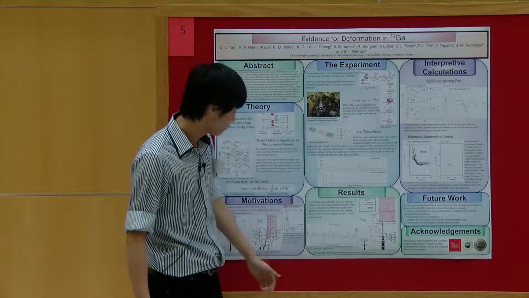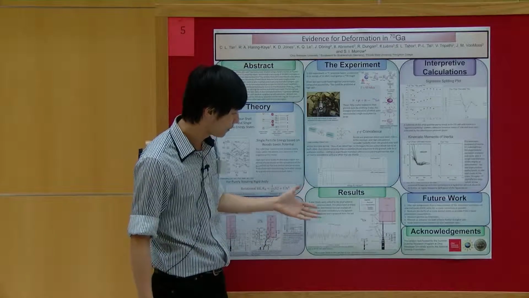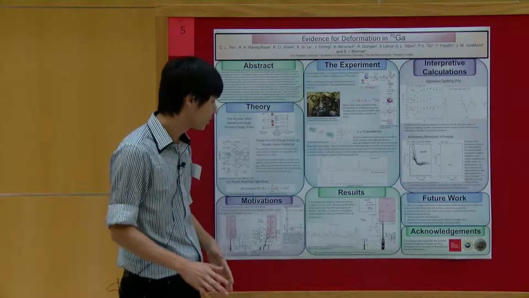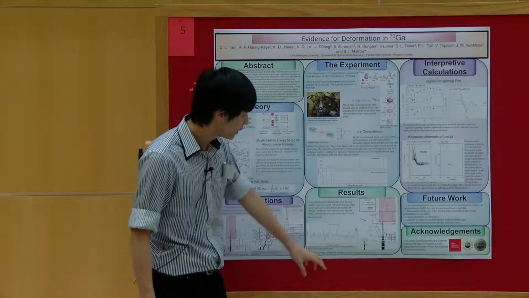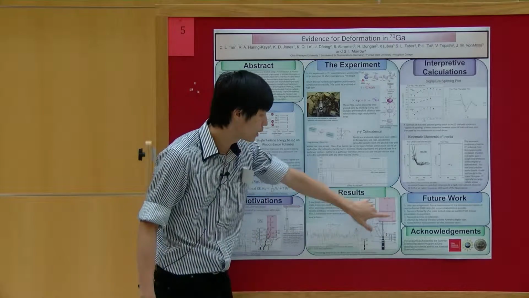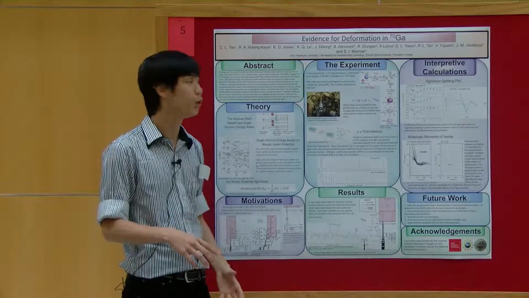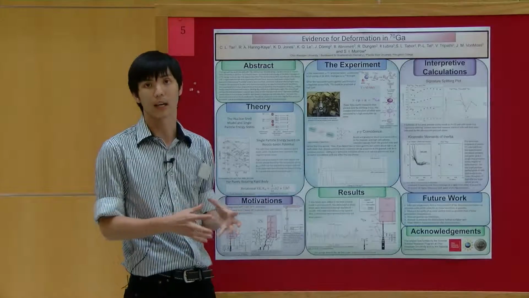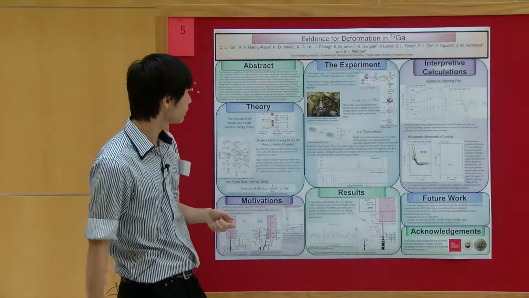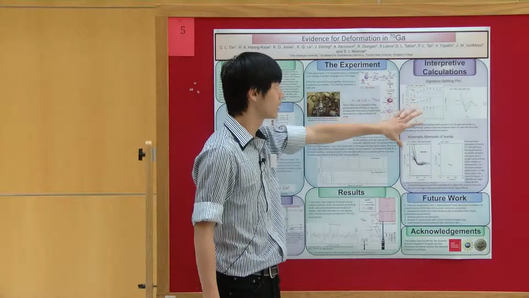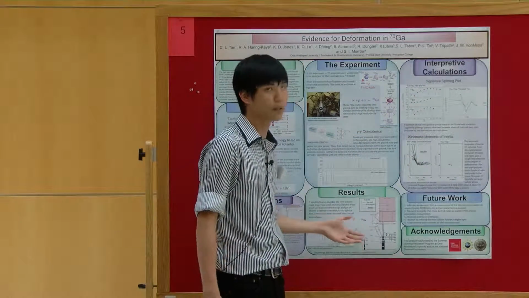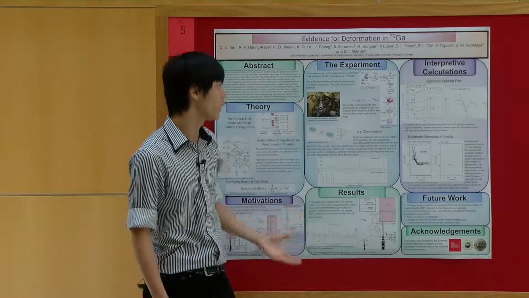Our result this summer is that we have found 5 new levels, and the most important thing is that we have found a tentative rotational band, which can indicate that gallium-70 does rotate and could be deformed. We have also done some interpretive calculations to see if the placement of these new levels makes sense.